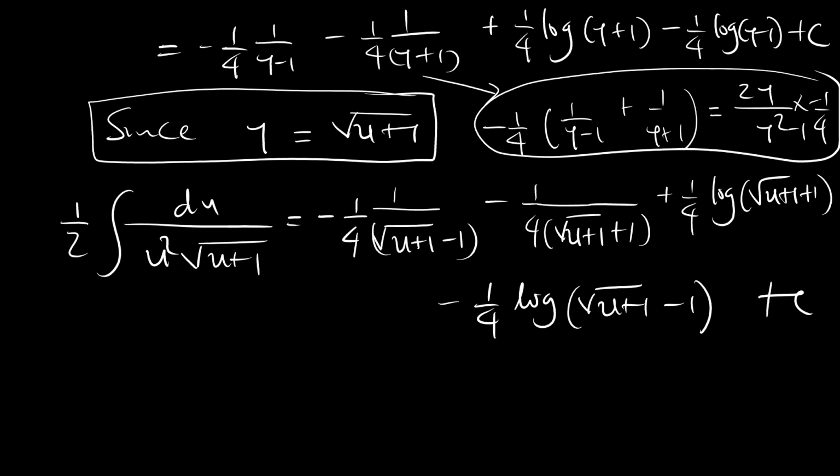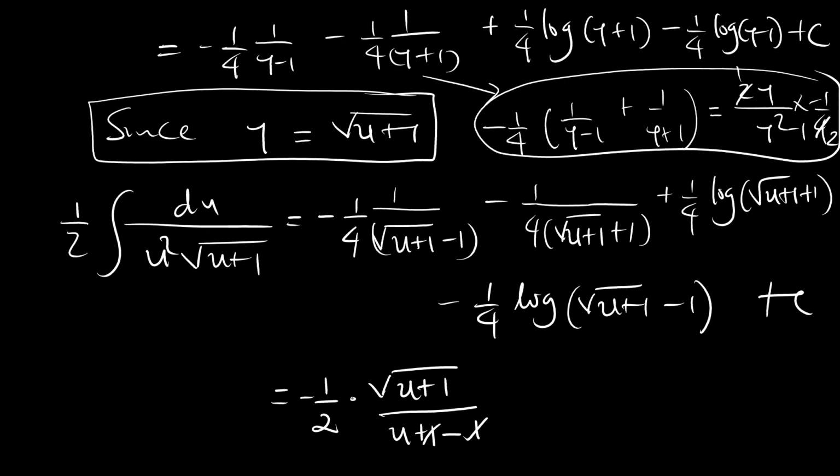And obviously this 1, 2 here. So we would have a half u plus 1 over, so squared we have u plus 1 minus 1.